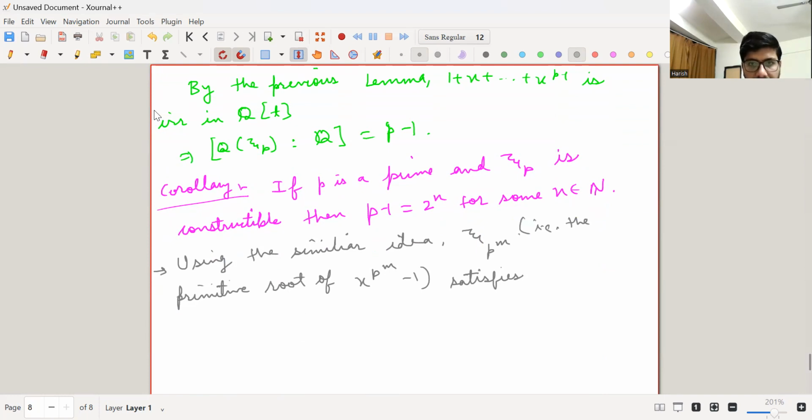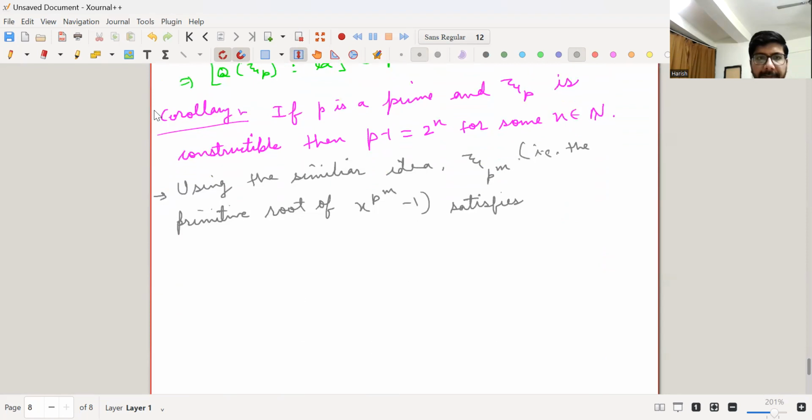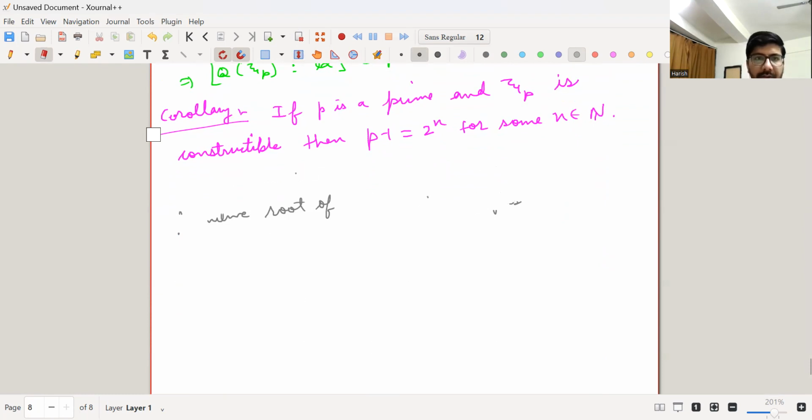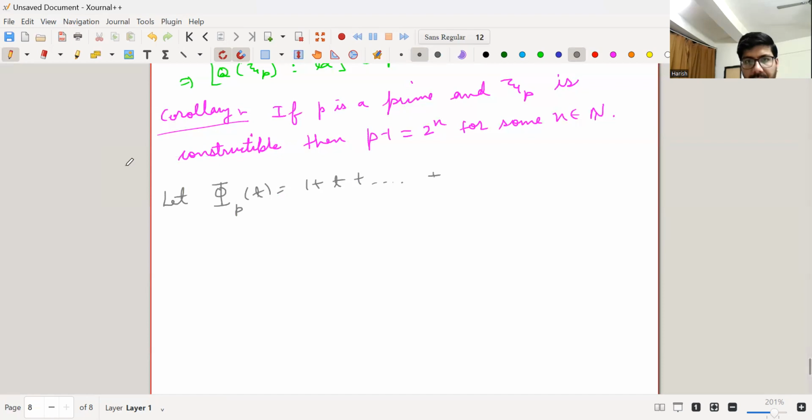I have to erase it and then define a notation, and then only I can proceed ahead. So let Φ_p(t) be this polynomial, 1 plus t plus dot dot dot t^(p-1).